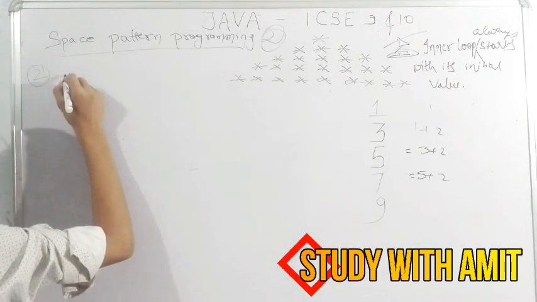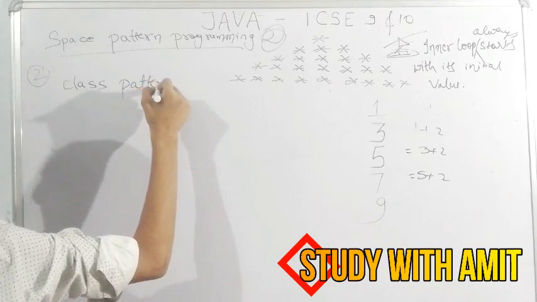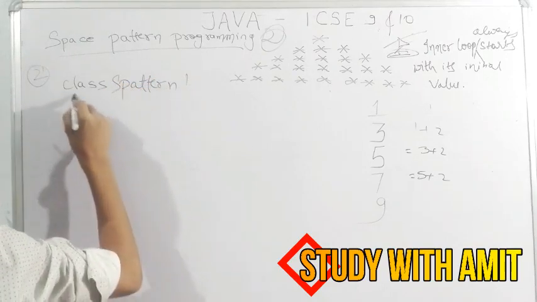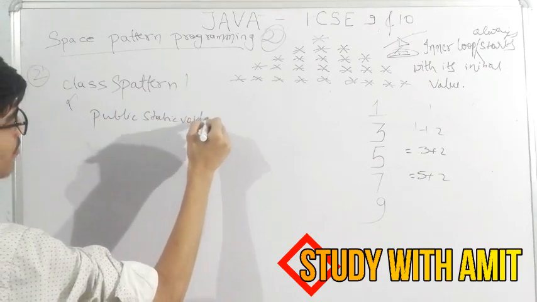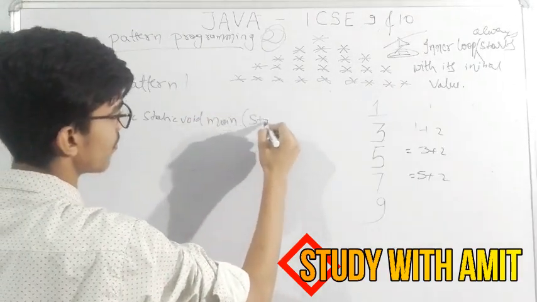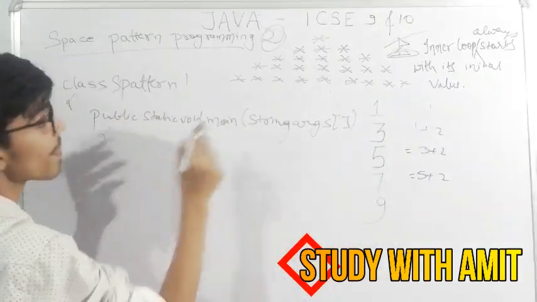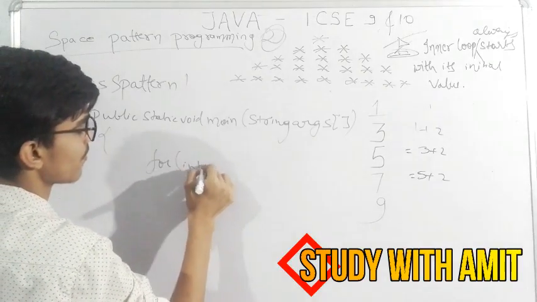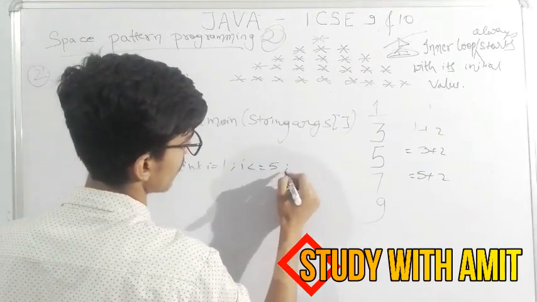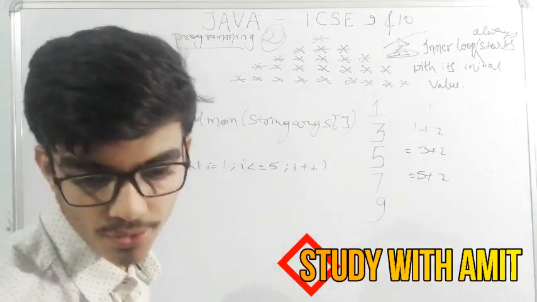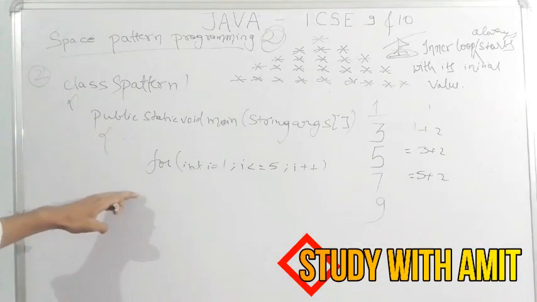As we write, we will write here: for int I is equal to 1, I is less than 5, and I plus plus.